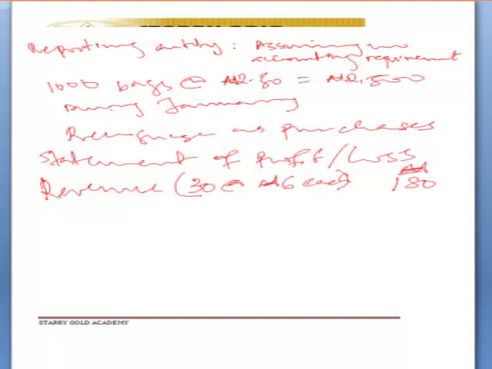Now on the items he has bought, these 1,000 bags, he knows he spent 2,500 naira to purchase them, and he has paid for them in cash. So he will recognize the total purchase, 2,500 naira, based on the layman's definition, because he actually spent the whole 2,500 naira.